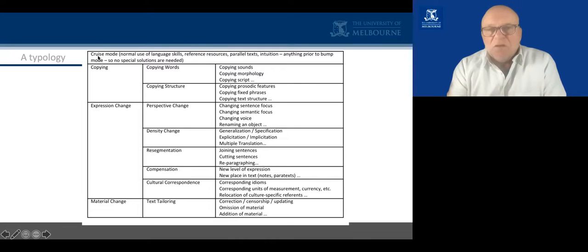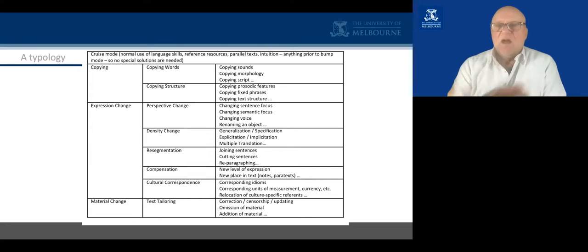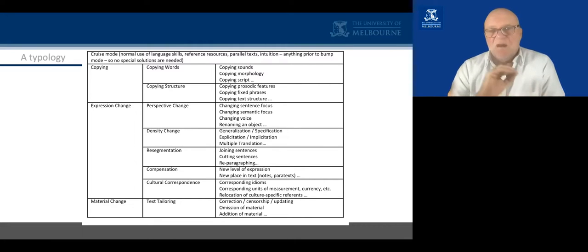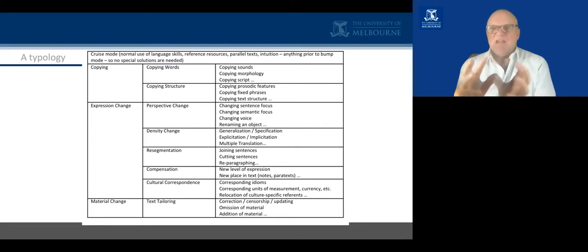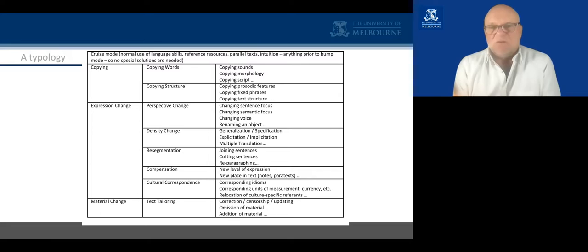When you're translating in cruise mode, you're using your language skills, you're imagining situations, you don't have to stop and really think about how to solve a problem. That's cruise mode. You do that fine. Great. This is not for you. I am looking at solutions that are needed when you have big, fat, juicy problems in front of you.